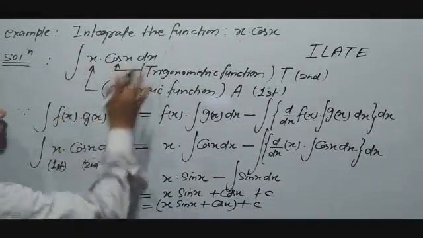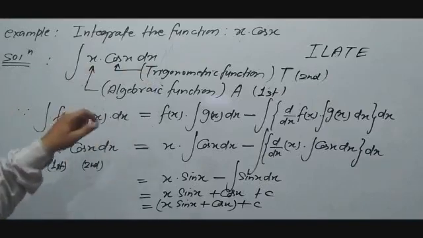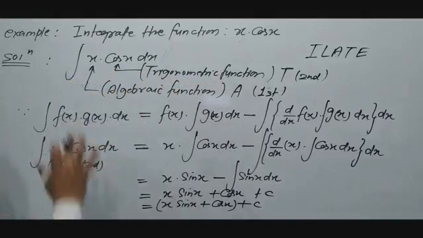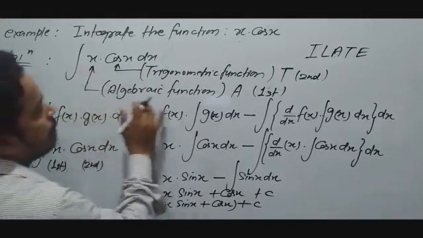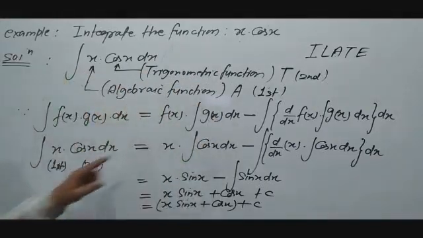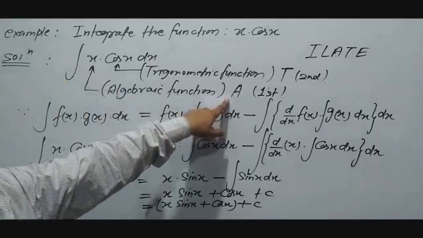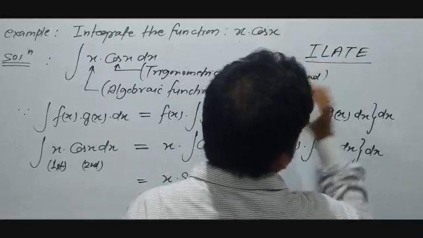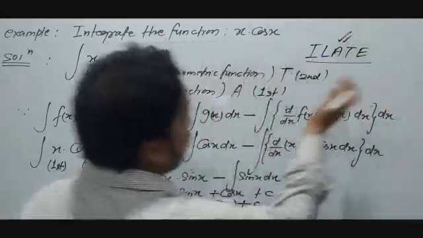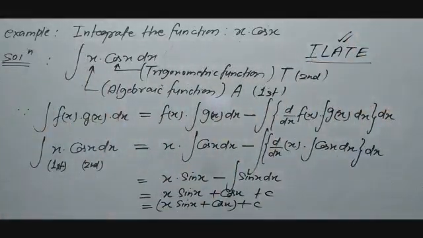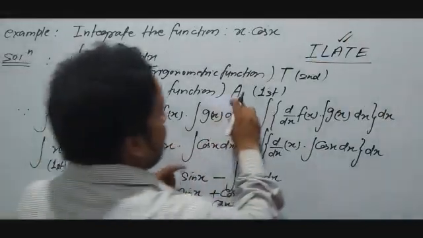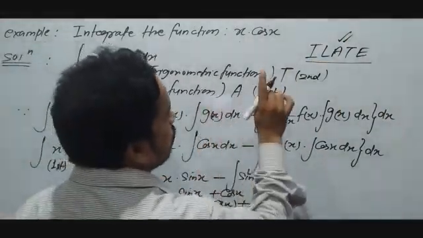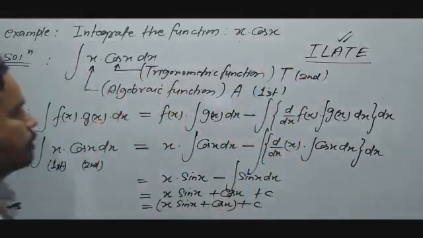And from this function, it is clear that cos x is a trigonometric function and x is an algebraic function, A for algebraic. So in the sequence of ILATE, A comes before T. So from A and T, you will consider A as the first function and T as the second function.